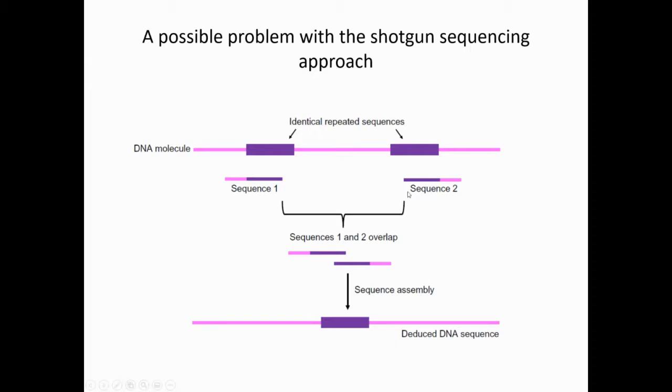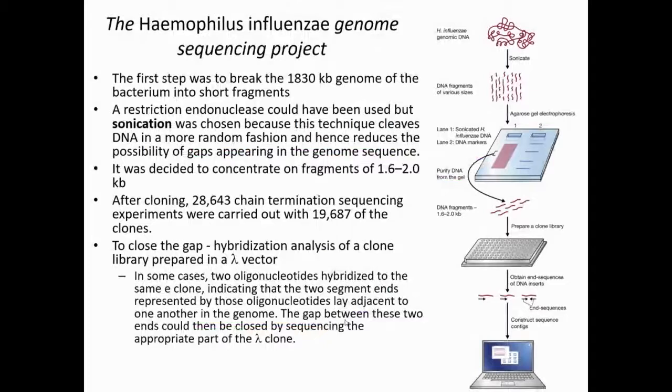So it's just like this sequence 1 and sequence 2, and because they overlap, however, they are from an identical or repeated sequence. But you don't know that, and accidentally you might put these two together and think this is the sequence, all right? So that's the possible problem, and this can be resolved by using the clone contig approach.